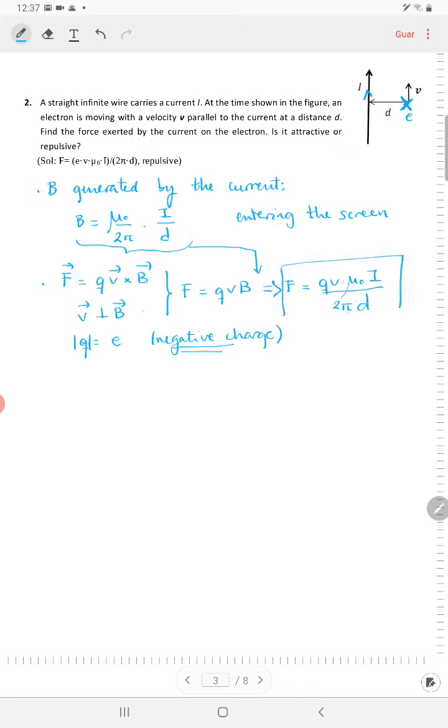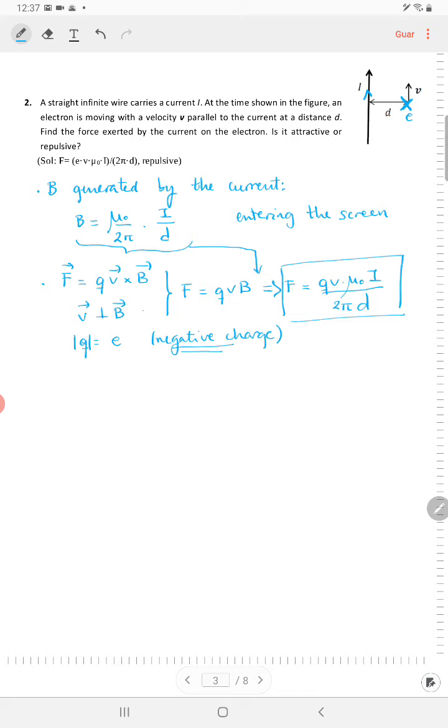So this is the force, and to know the direction we use our right hand rule. We take the velocity with our index finger, the magnetic field with our middle finger, and this makes your thumb point to the left.